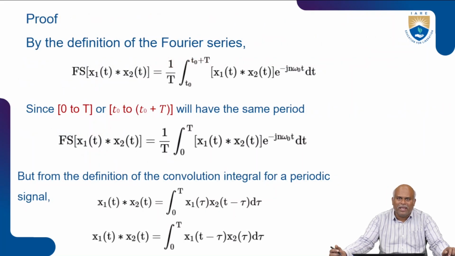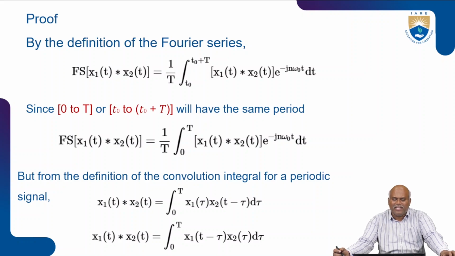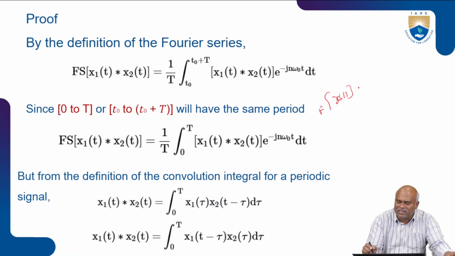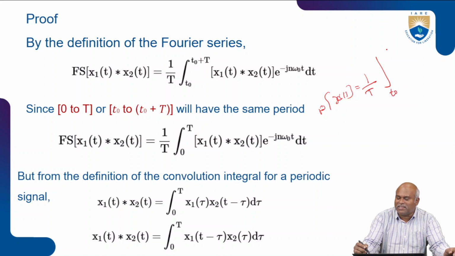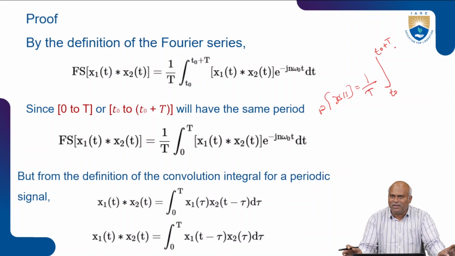Okay, by taking the definition of Fourier series, we write the Fourier series of x of t as an integration. Before that, we take the average over the fundamental period, capital T. Integration from T0 to T0 plus the fundamental period, that is, we take only one period.